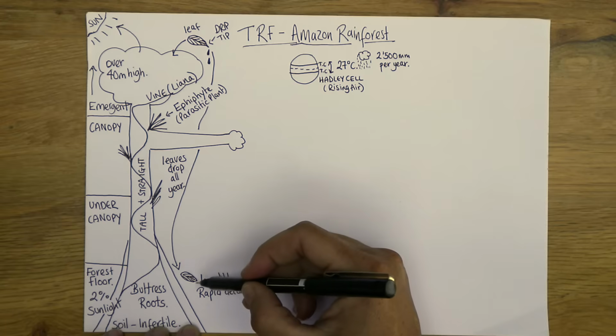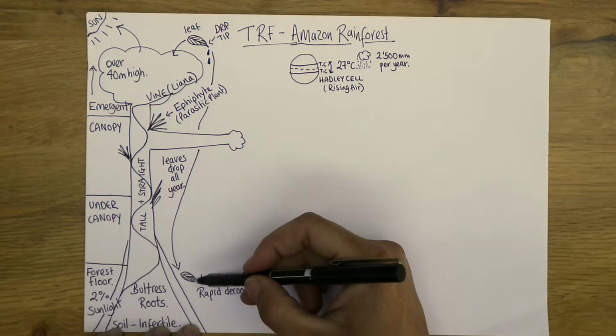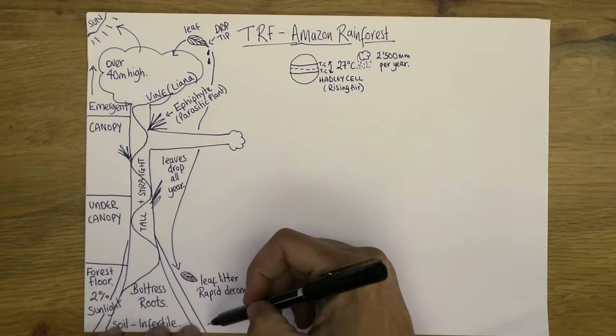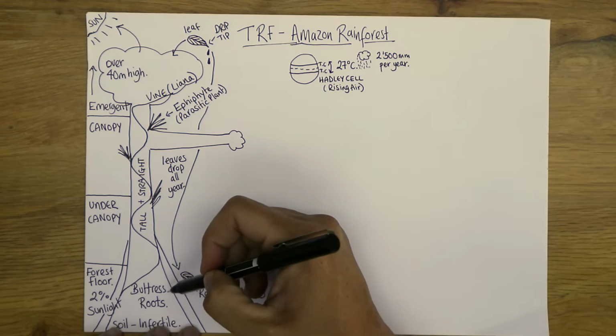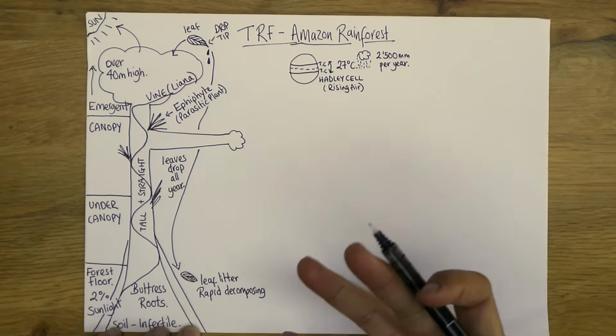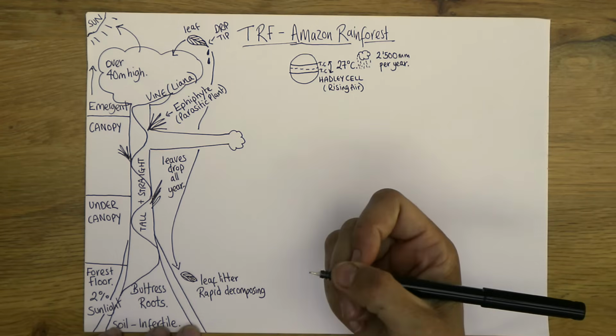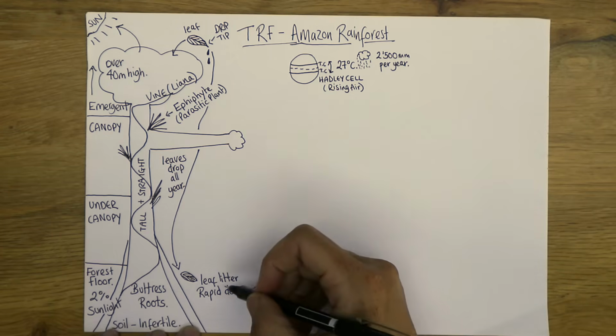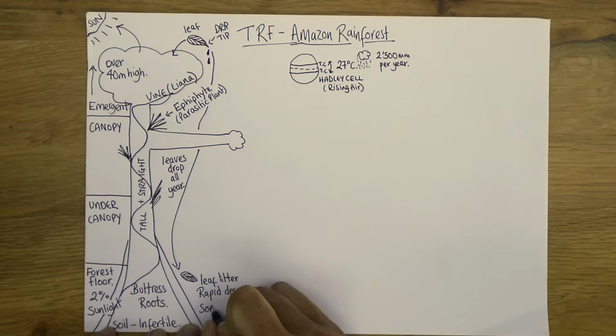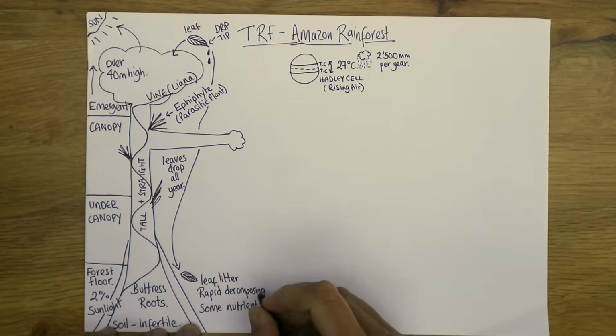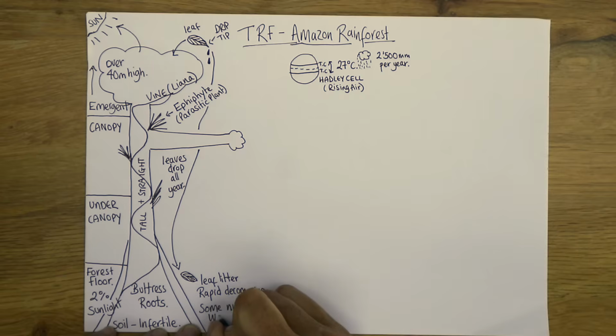And when it's decomposing, then the nitrogen and other things that are in the leaf can get soaked back up by those wonderful buttress roots, and it will essentially feed the tree again and feed other things. Remember though that some of those nutrients are going to get washed away by the daily rainfall. Washed out by rainfall.